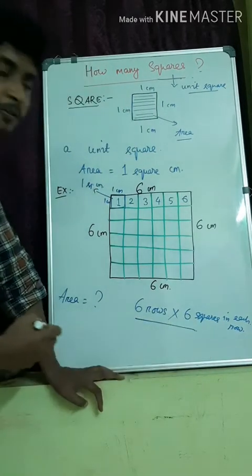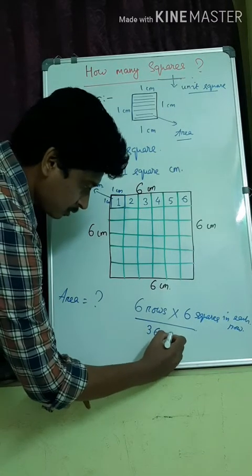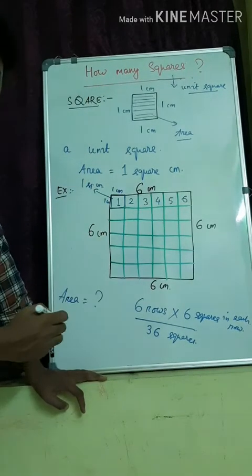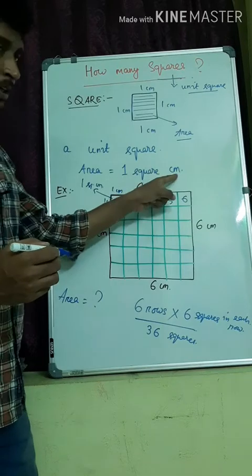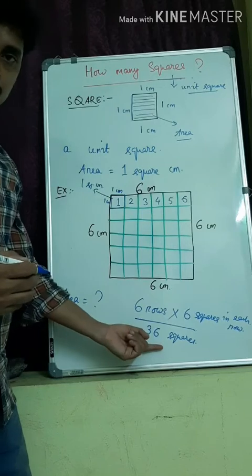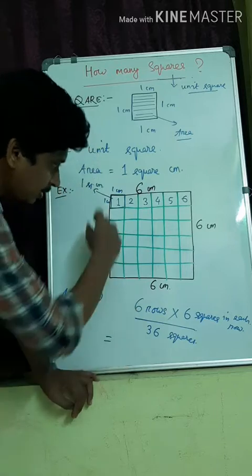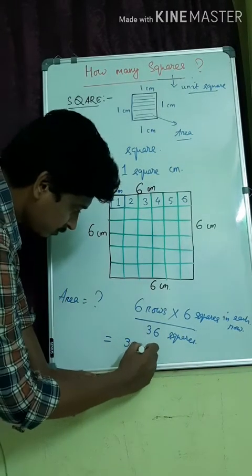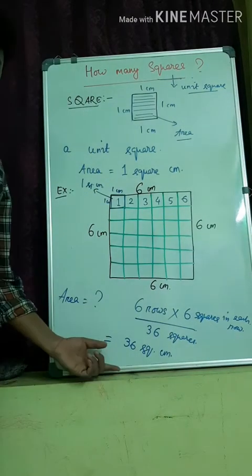If you multiply, there will be 36 squares in total. If the area of one square is 1 square centimeter, then what is the area of these 36 squares? The area of all these 36 squares is 36 square centimeter. So this is the answer.